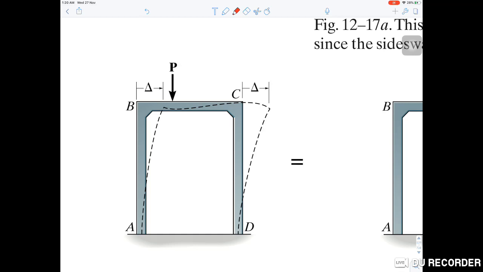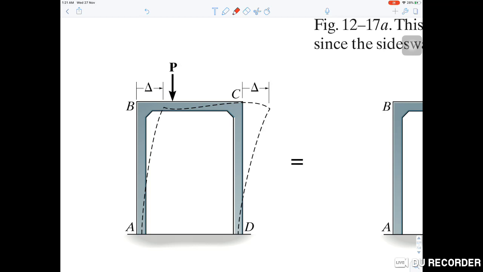This frame is unsymmetrical due to loading. So there is an external force in the frame, as well as, due to the unsymmetrical condition, the frame tends to sidesway. Sidesway means there is delta in the frame.